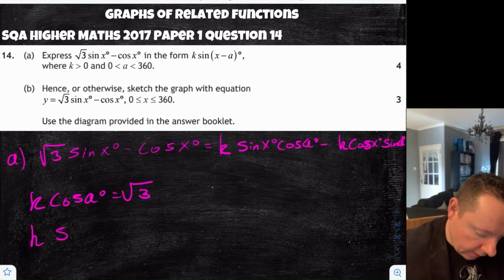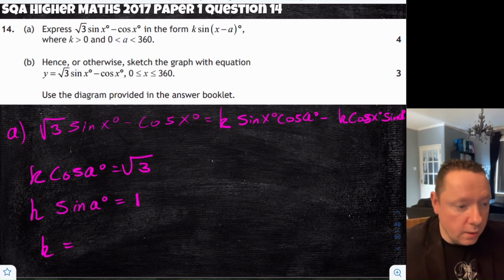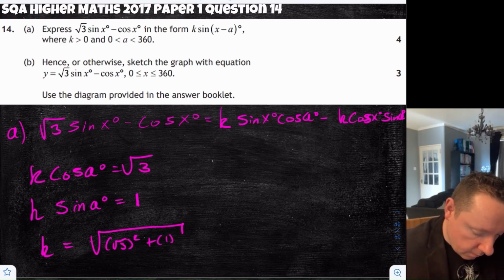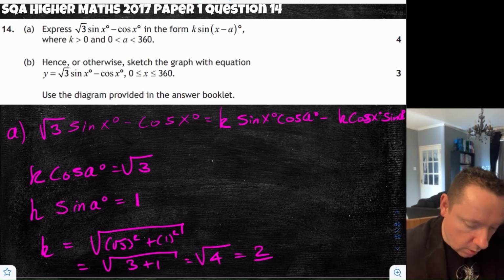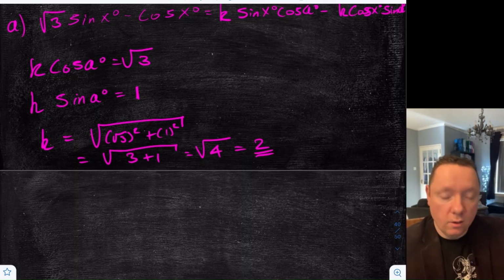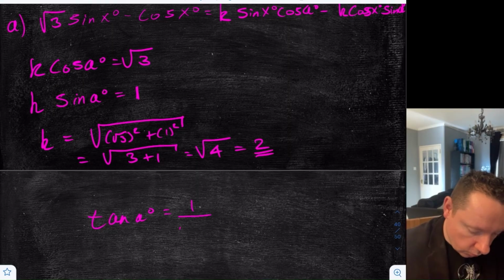So that means that our k, because sine squared plus cos squared equals 1, gives us the square root of root 3 squared plus 1 squared. So that is the square root of 3 plus 1, which is the square root of 4, which is 2. So our k equals 2. And then to get our a, remember sine divided by cos is tan, so I can write tan a is equal to the sine, which is 1, over the cos, which is root 3.